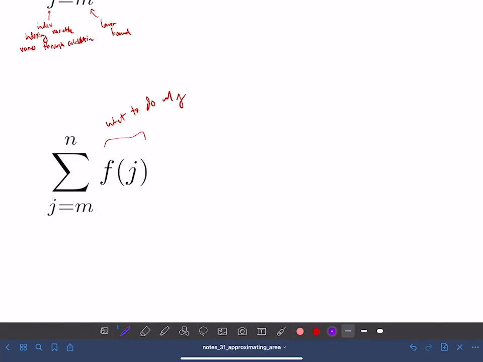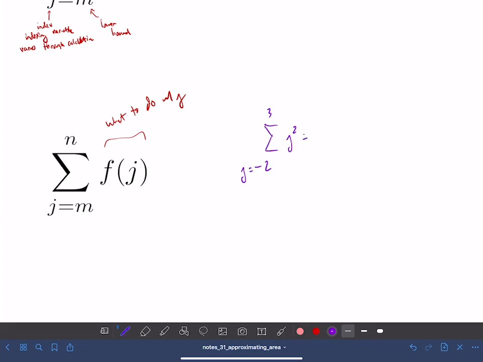And so I might have, for example, the sum from -2 to 3 of j to the negative, I better not do -1 because I've got the 0 problem. How about let's do j squared. Better put my j equals down there.